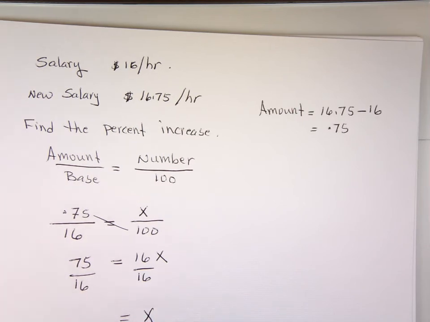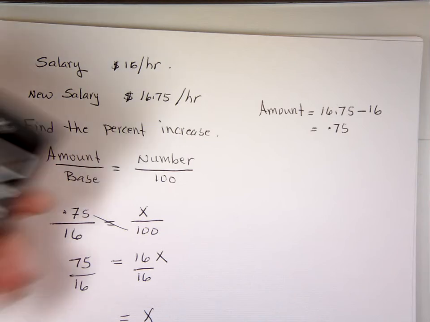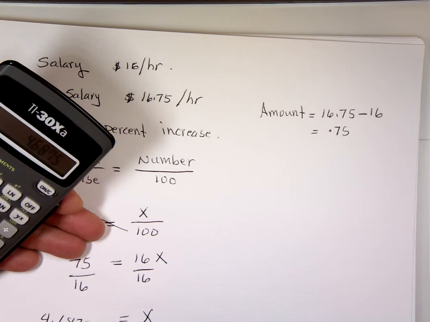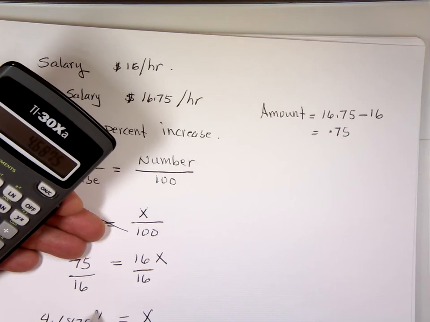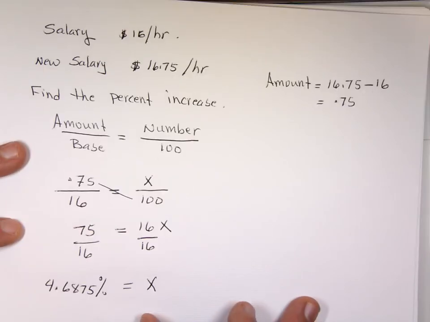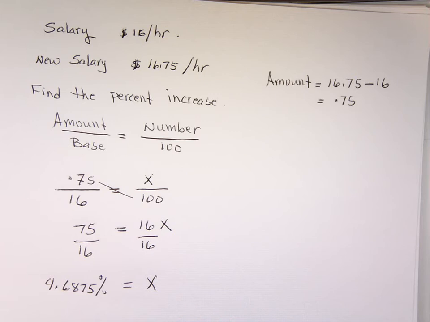What is 75 divided by 16? 4.6875%. You almost got a 5% increase.